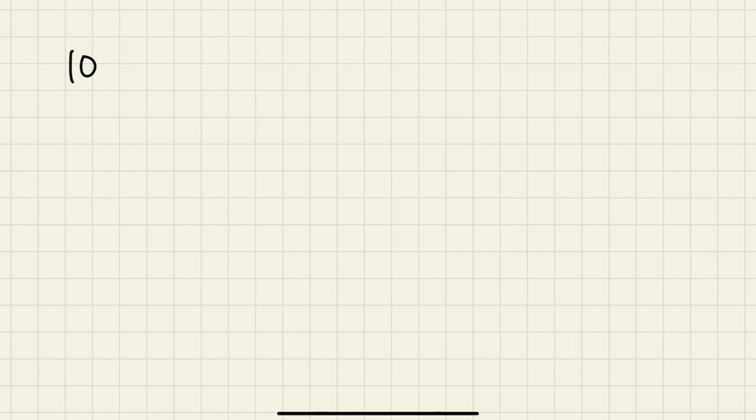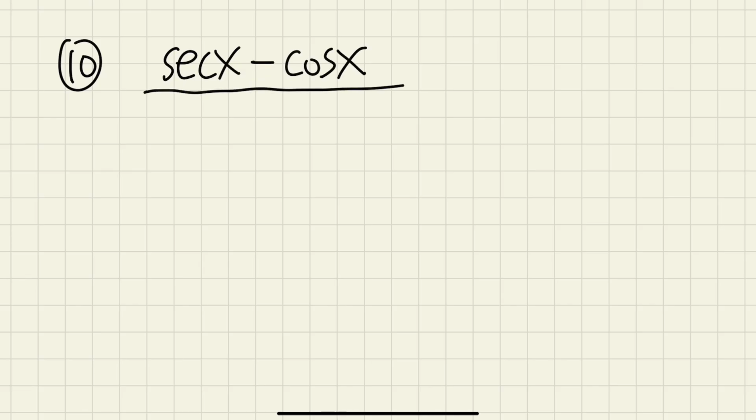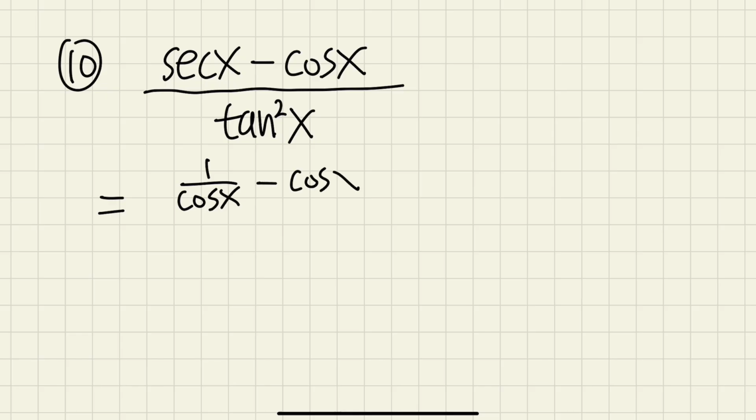Okay, number 10. We have secant x minus cosine x over tangent squared x. And here we go. For secant x, let's write it as 1 over cosine x, and then keep the minus cosine x, and then this is over tangent squared x. It's the same as sine squared x over cosine squared x.